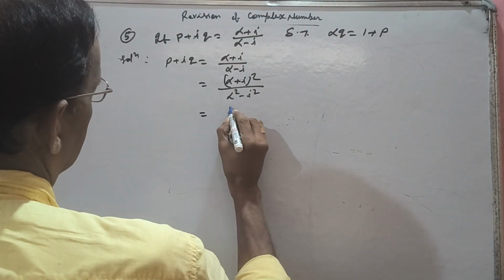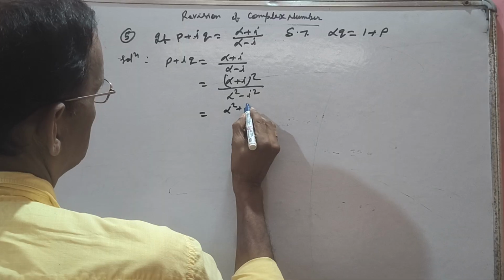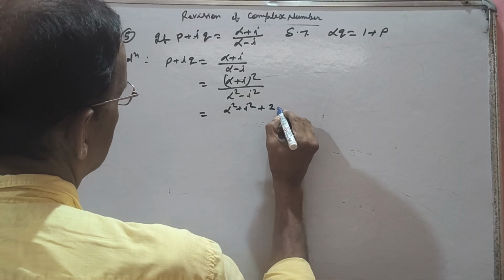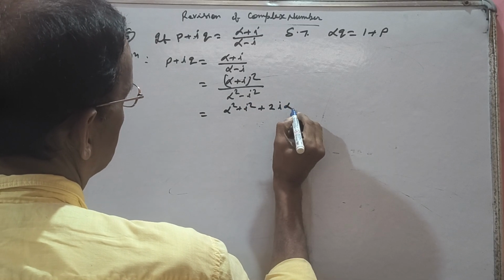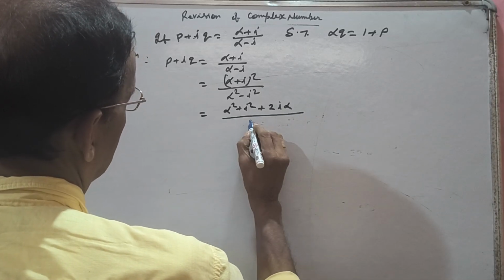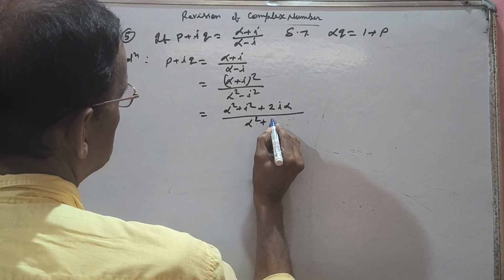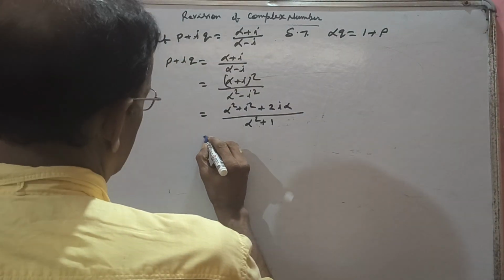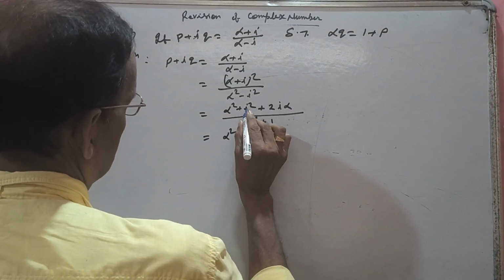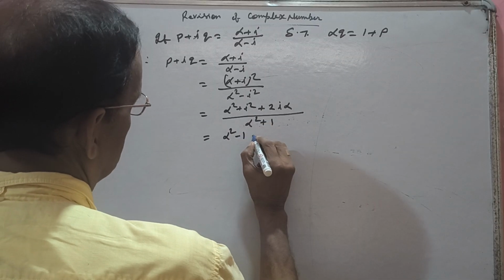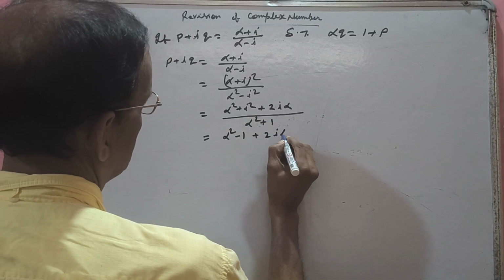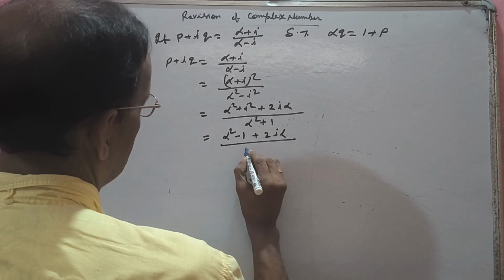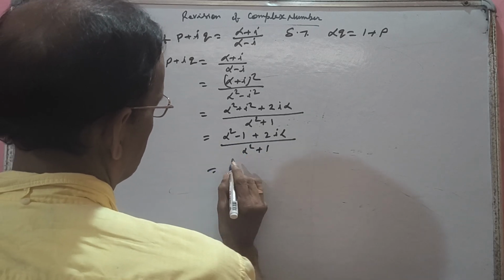Now the formula: a square plus b square plus twice i alpha. Alpha square plus 1, since i square is minus 1, no? So this is alpha square, i square is minus 1, plus twice i alpha, by alpha square plus 1.